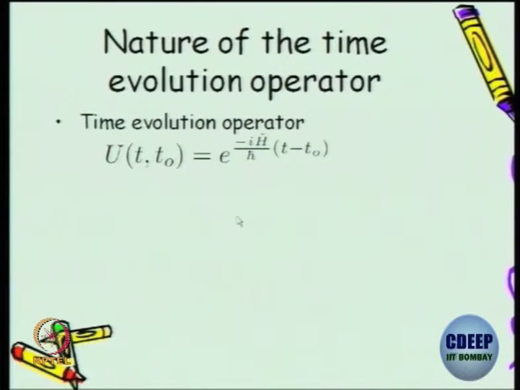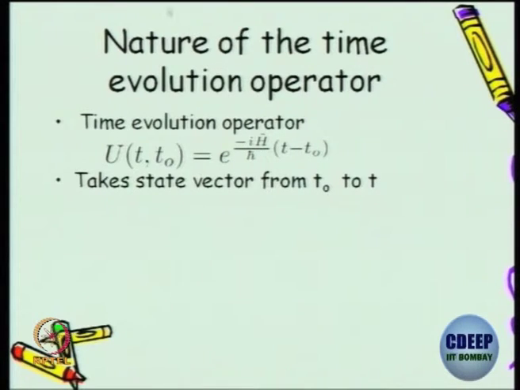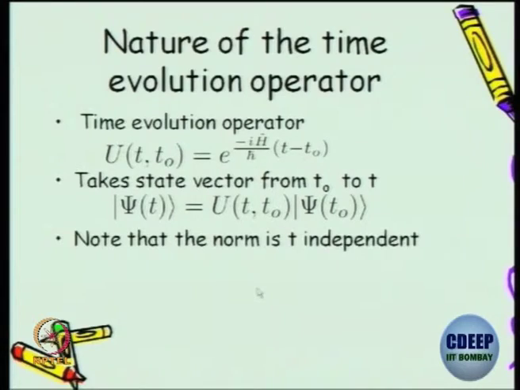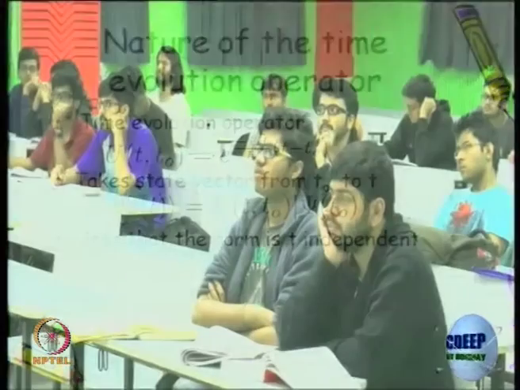So, the nature of the time evolution operator, as I was saying, is denoted by the letter U, takes a state vector from t naught to t, and you can write psi of t formally as U of t comma t naught and psi of t naught. Why is the norm time independent? Suppose you take the states to be a stationary state, suppose.